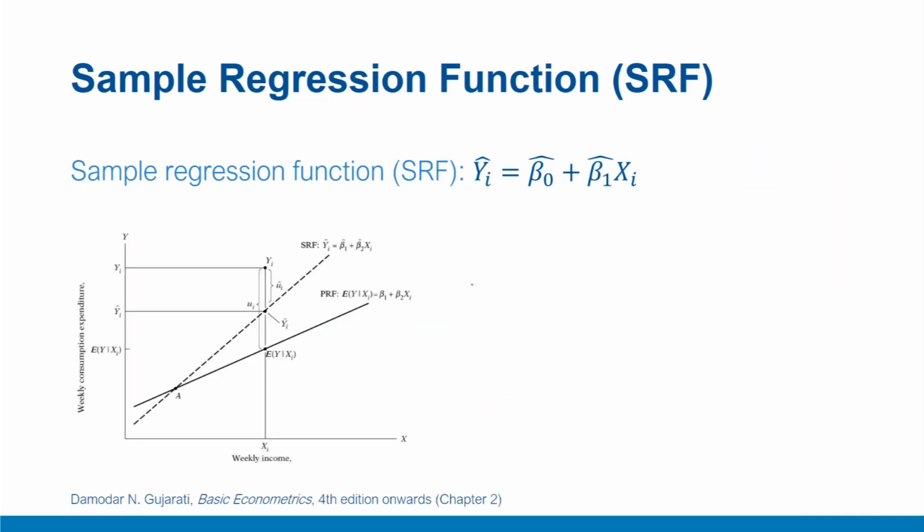For example, if you get estimators beta naught hat and beta 1 hat, your sample regression function line may look like this, where the actual population regression function is this. From this point onwards, you overestimate the population values of y, and below this point A, before that, you underestimate the population values. So your estimate is overestimating here, underestimating here.